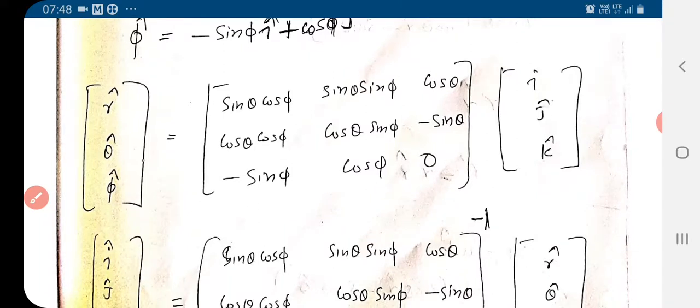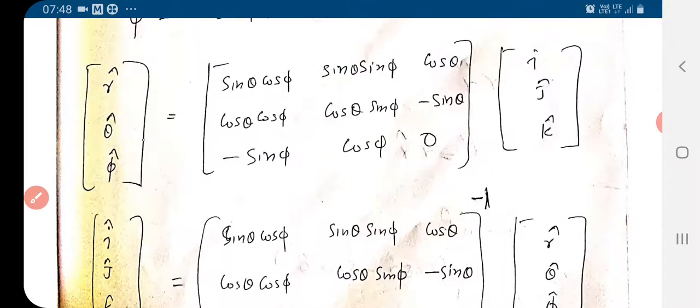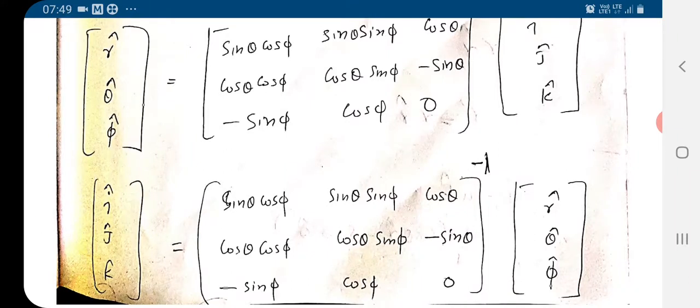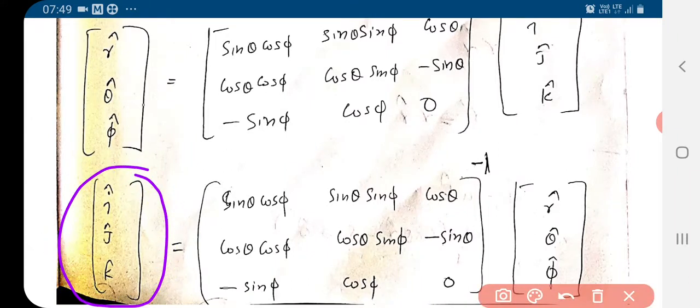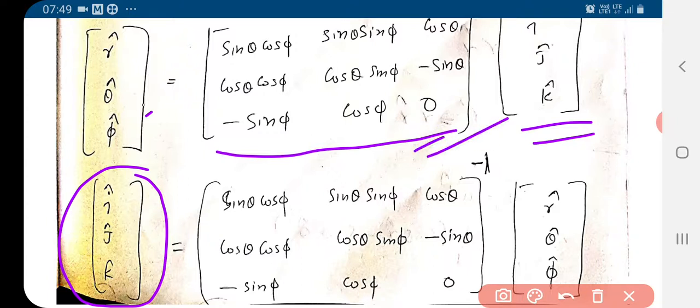So this is r, theta, phi in terms of i, j, k. Then i, j, k is given by the inverse of this matrix into r, theta, phi. We have to find i, j, k in terms of r, theta, phi, so we take the inverse of this matrix.